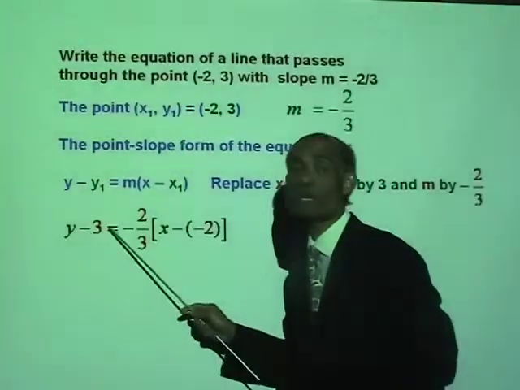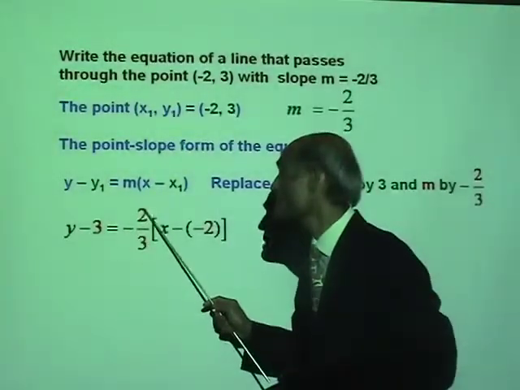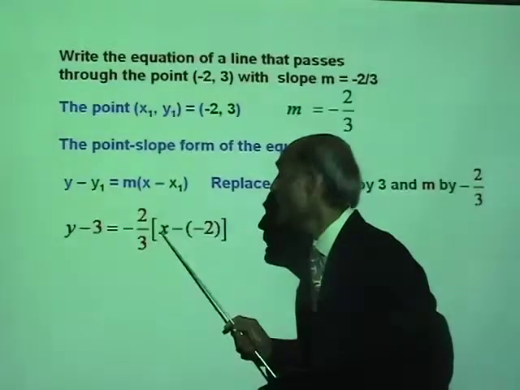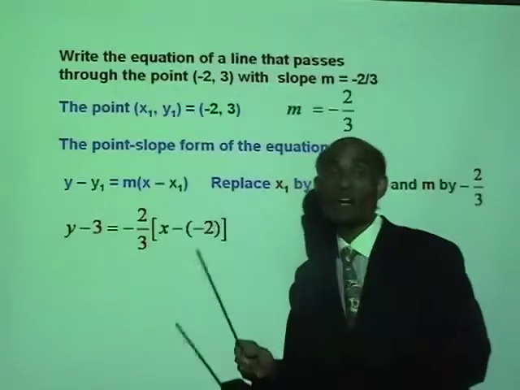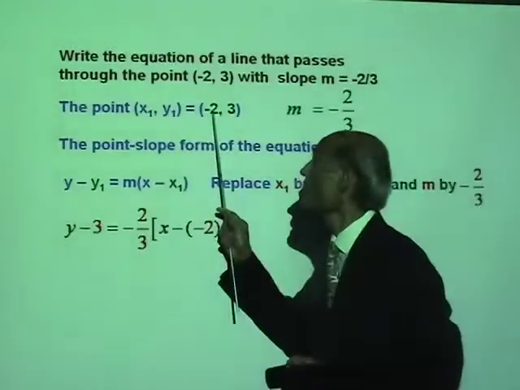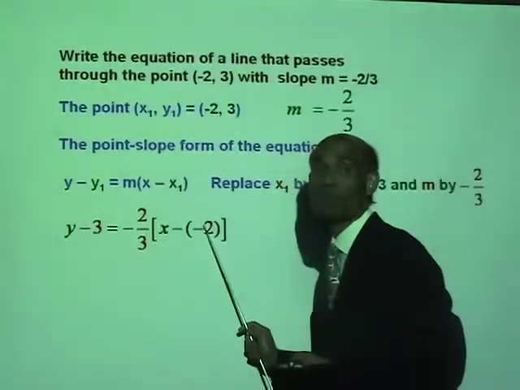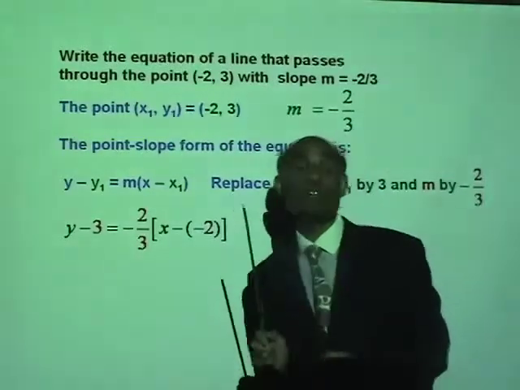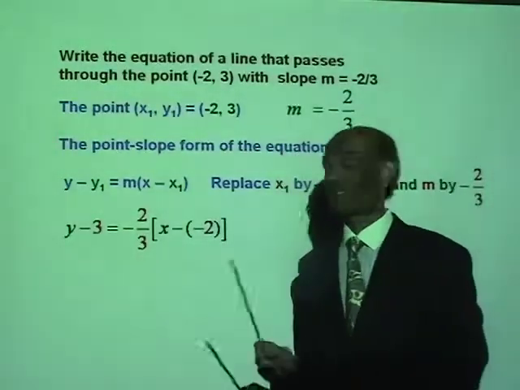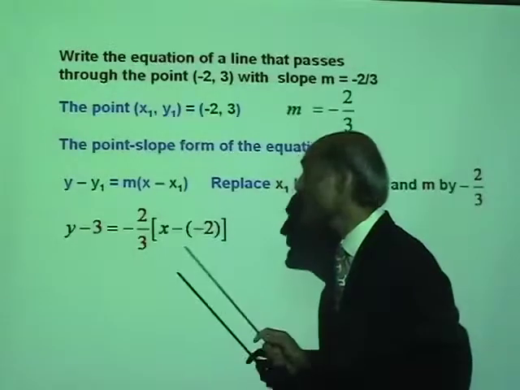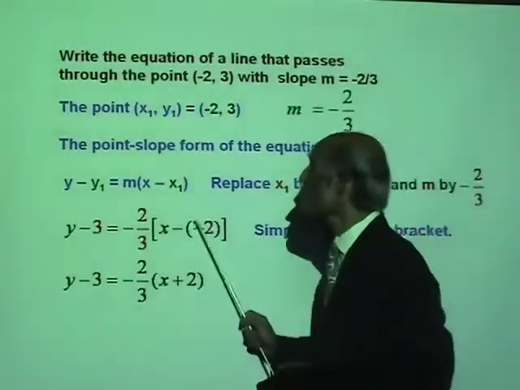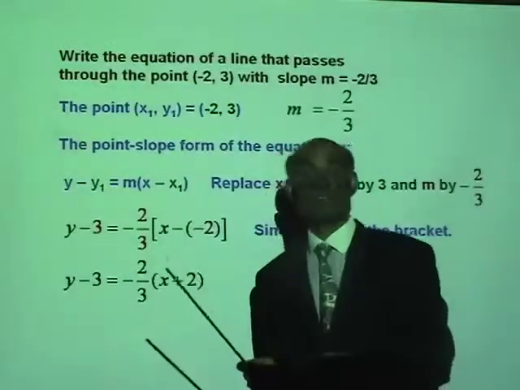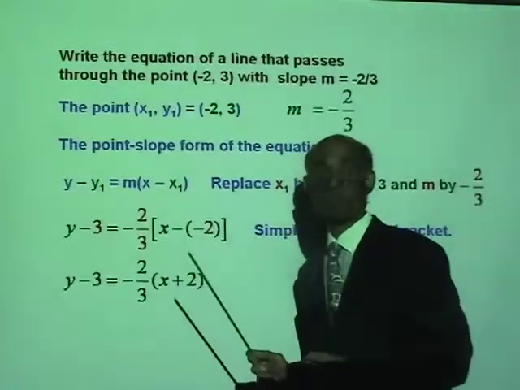Y minus 3 equal to -2/3 times x minus -2. Watch that sign again. X minus x1. x1 is -2. Alright, now we need to simplify it. X minus -2 becomes x plus 2. That is one simplification in that step.